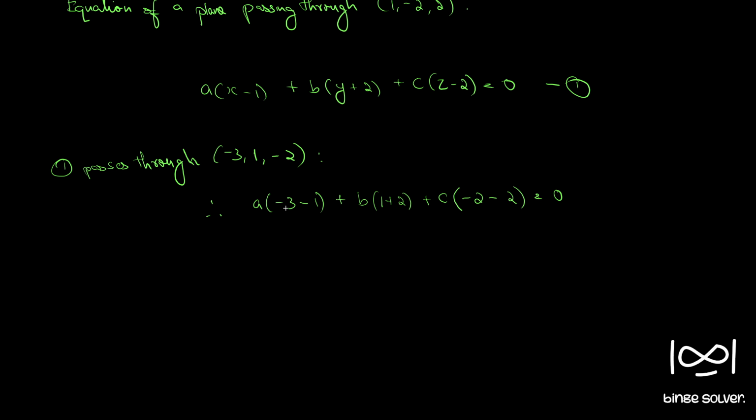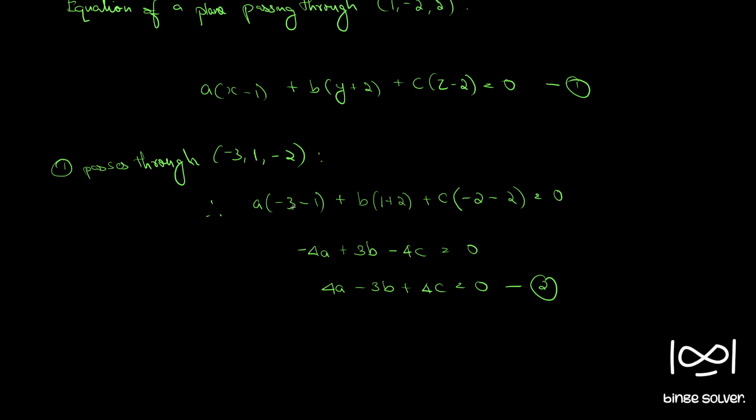Or we have -3 - 1 is -4a, plus 3b, minus 2 minus 2 is -4, so -4c = 0. Or we can write 4a - 3b + 4c = 0. We will call this equation 2.